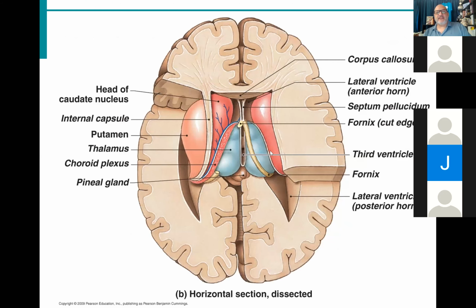However, this is why I like this. Notice here, if we look very closely, we can see in this space, this is the third ventricle. And notice they've done a really nice job of showing that little bit of that intermediate mass connecting this thalamus and this thalamus together. So we see that there.